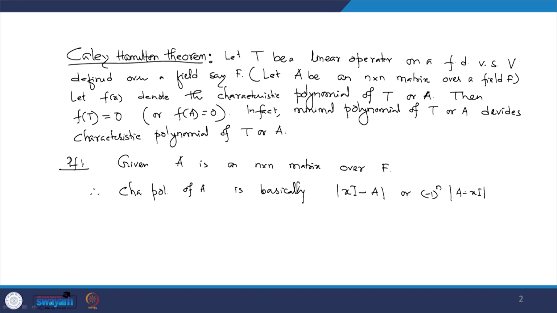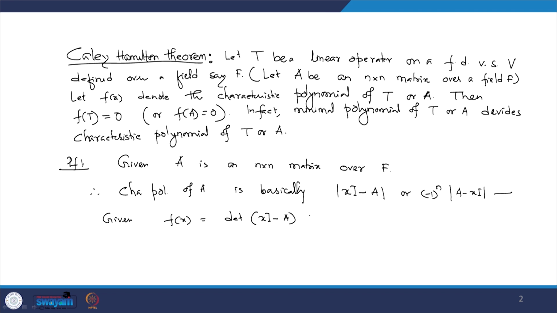Both are the same, because from the definition of the determinant of the matrix, these two are the same statement. It is also given to us that f of x is equal to the determinant of xI minus A.